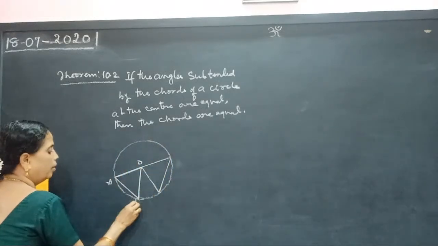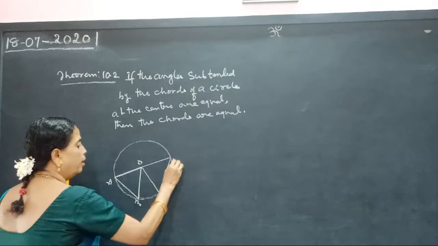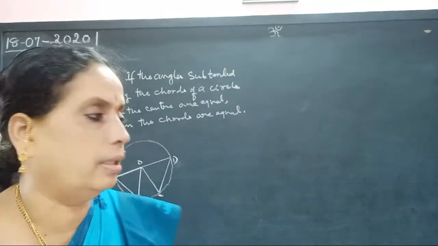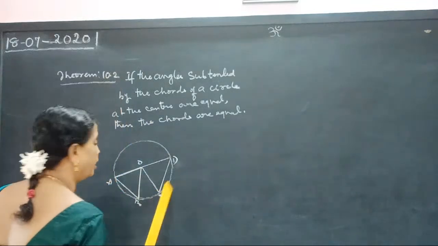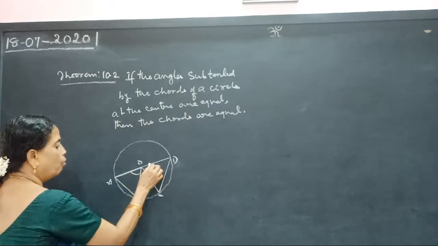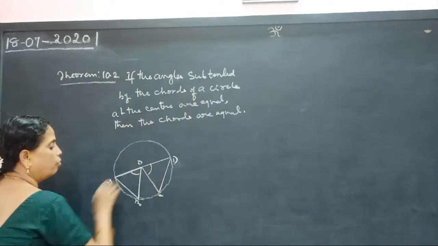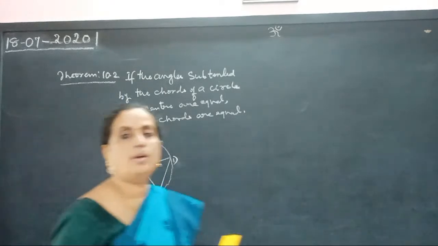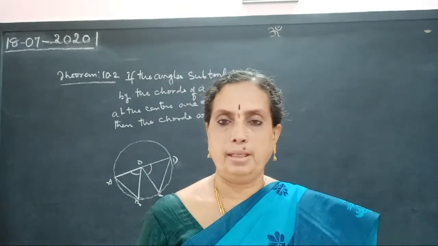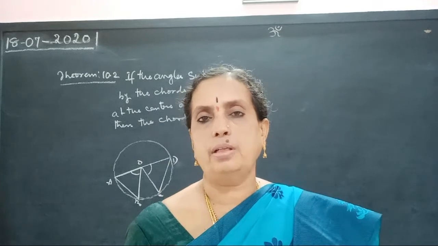Here, AB and CD are two chords. We have to prove they are equal. AB and CD are two chords such that angle AOB equals angle COD. We have to prove if they subtend equal angles at the center, they are equal.